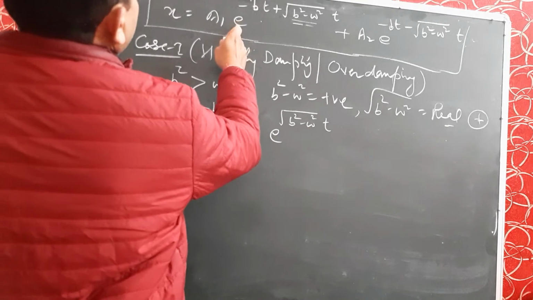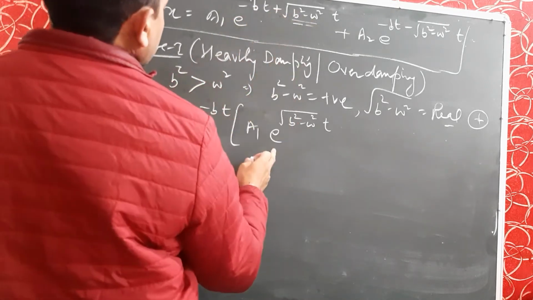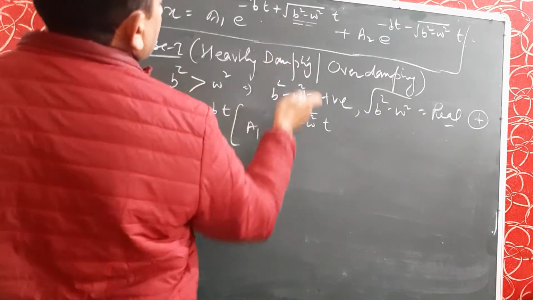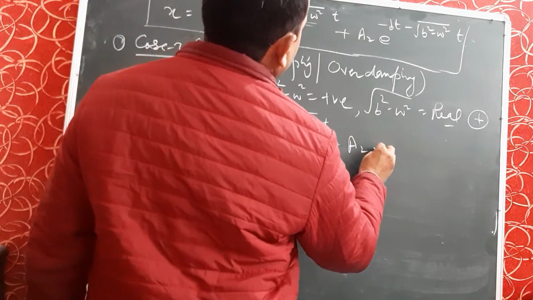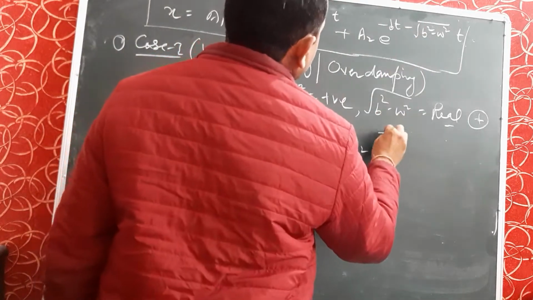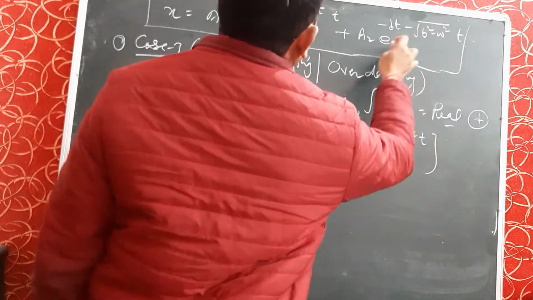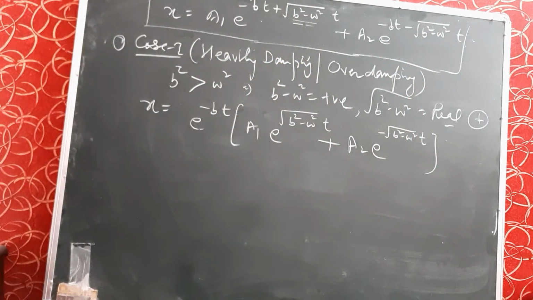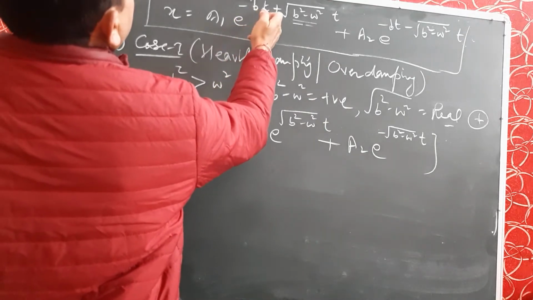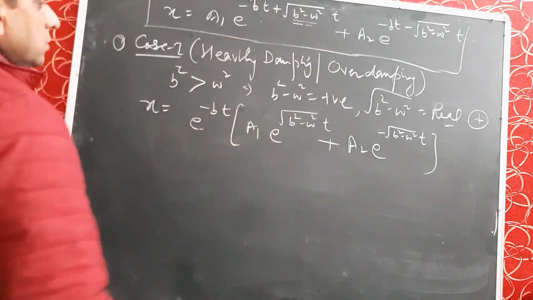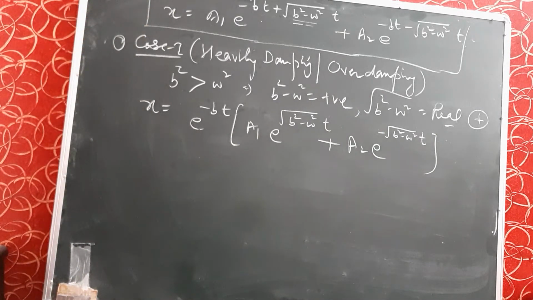You know that e power a plus b is e power a into e power b. So e power a is common, e power b is the remaining term. Similarly, the second term is a2 e power minus under root b square minus omega square into t. In this way, x may be written like this.